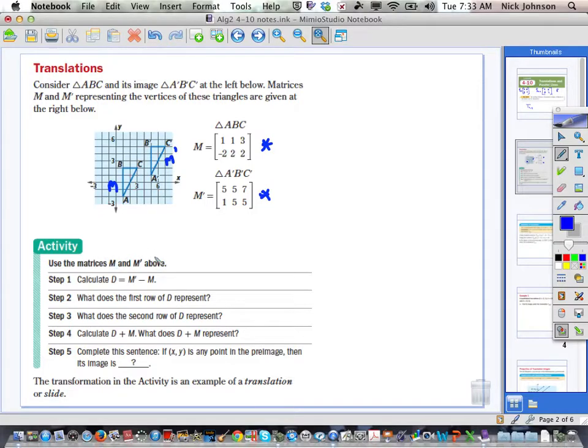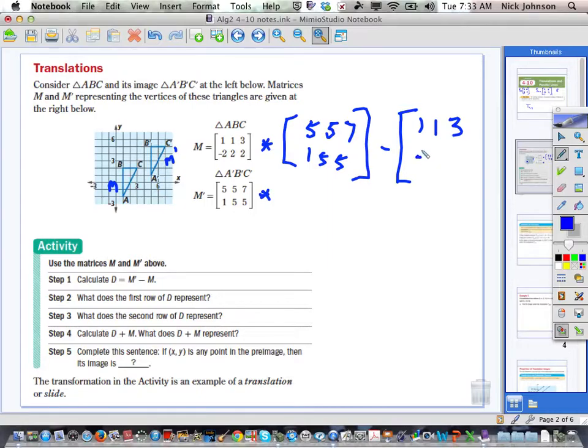It says use the matrices M and M prime above. Calculate M prime minus M. So they want us to take M prime, which is 5, 5, 7, 1, 5, 5, and subtract M. That should be very easy because we should get 4, 4, 4. 5 minus 1 is 4, 5 minus 1 is 4, 7 minus 3 is 4. 1 minus a negative 2, minus a negative is a plus, so it gives me 3. 5 minus 2 is 3. 5 minus 2 is 3.